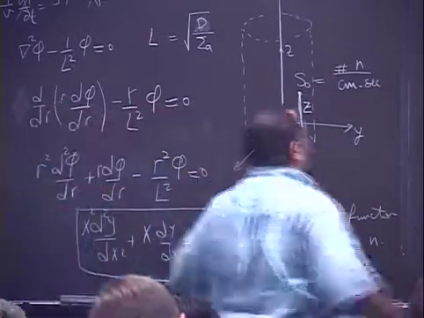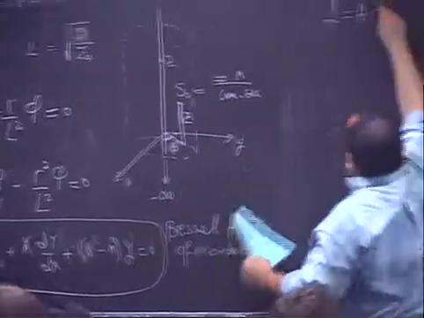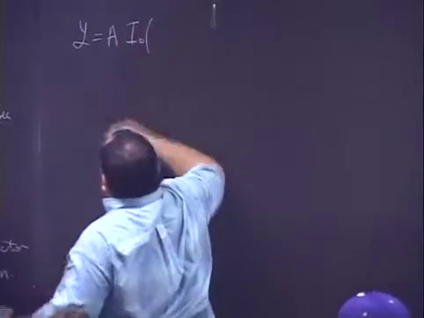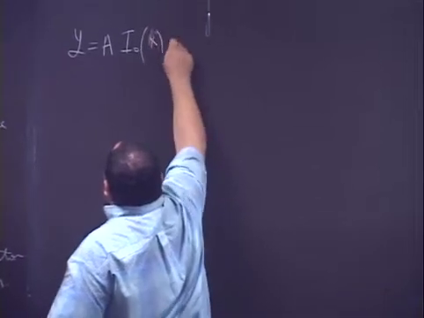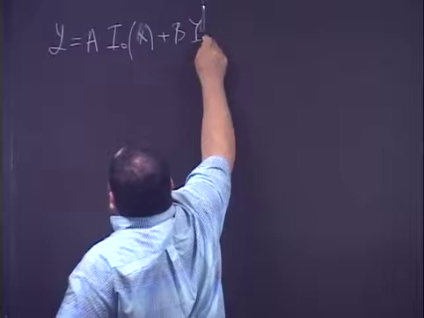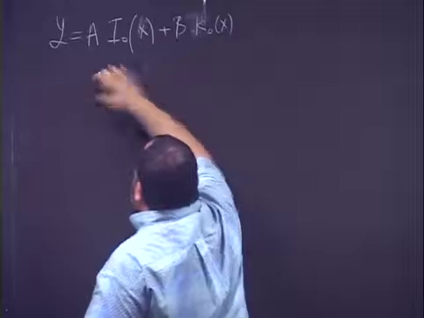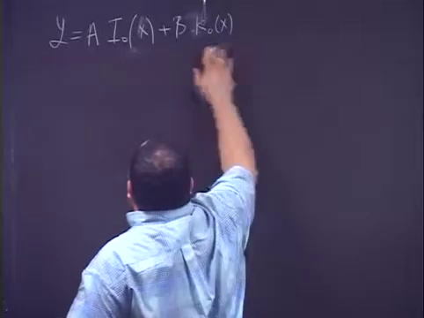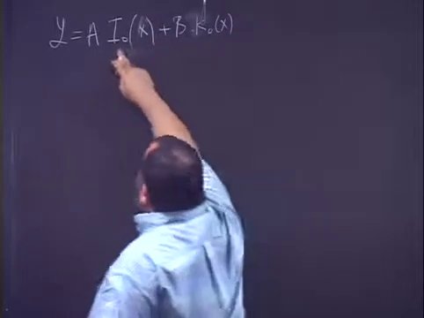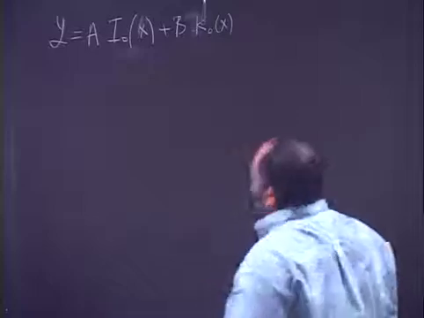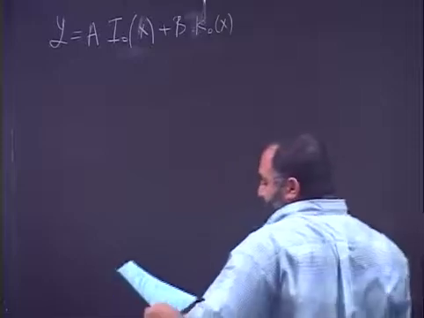Usually the solution for this one will be y equal to some constant a multiplied by I naught of x plus b multiplied by K naught of x. I naught is the modified Bessel function, and both of them are Bessel functions of the 0th order here, and we will show in a minute what we mean here.